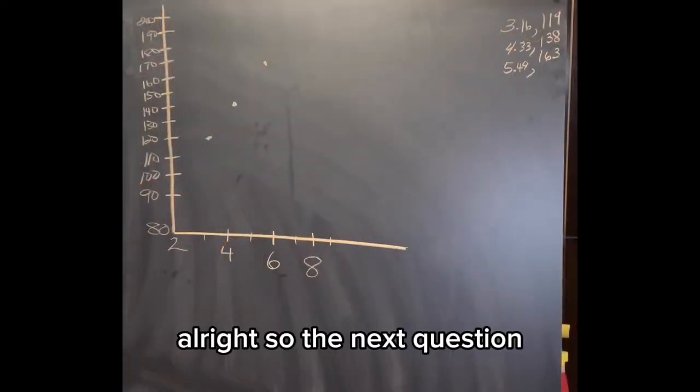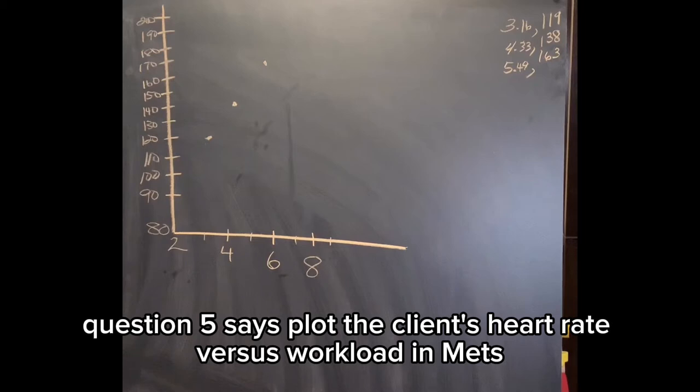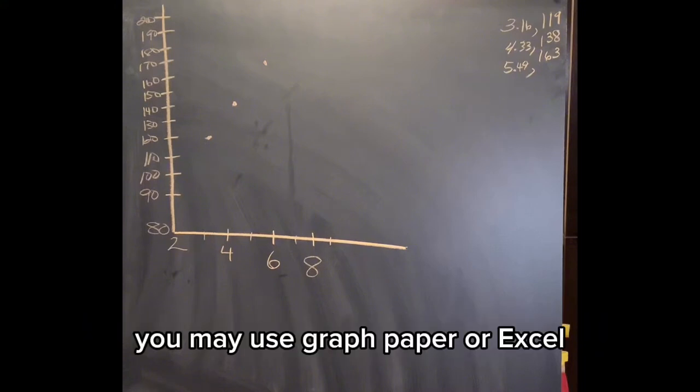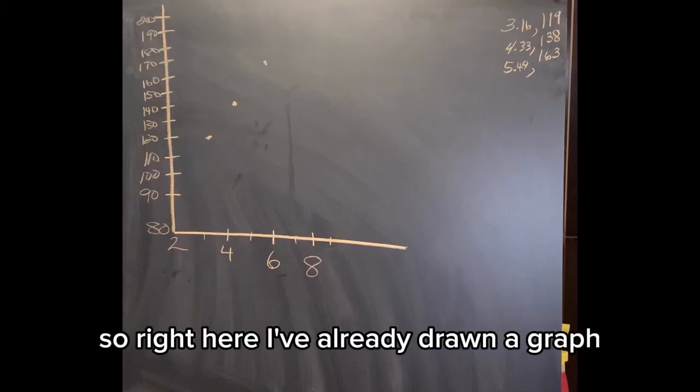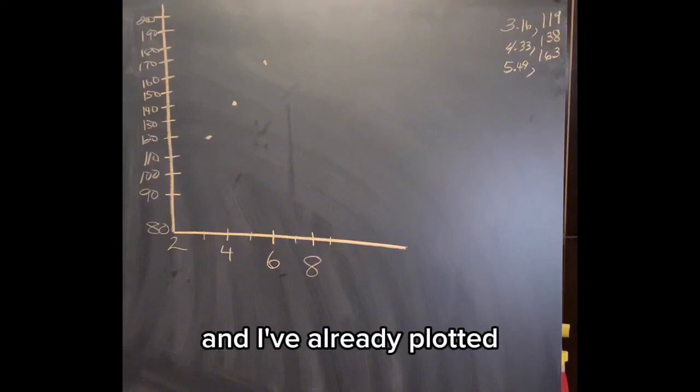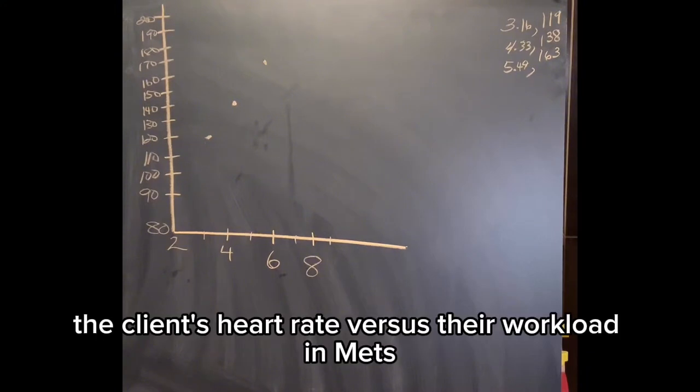All right, so the next question, question 5, says plot the client's heart rate versus workload in METs. You may use graph paper or Excel. Right here, I've already drawn a graph and plotted the client's heart rate versus their workload in METs.